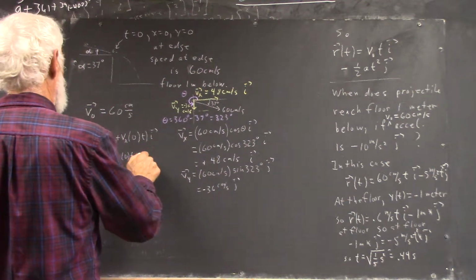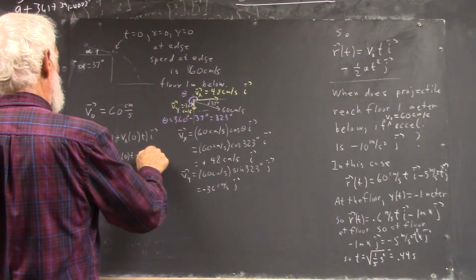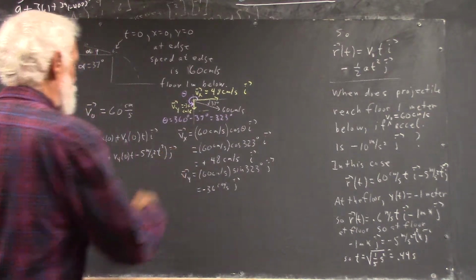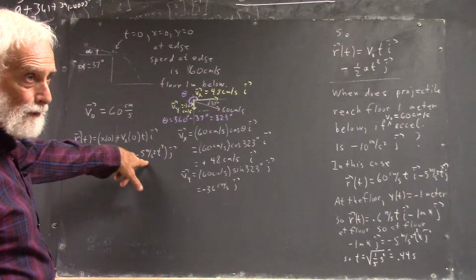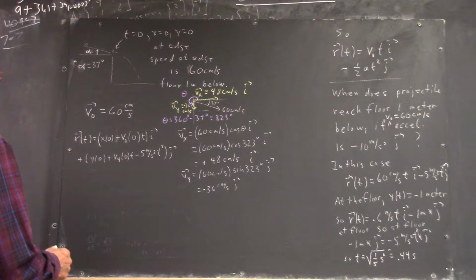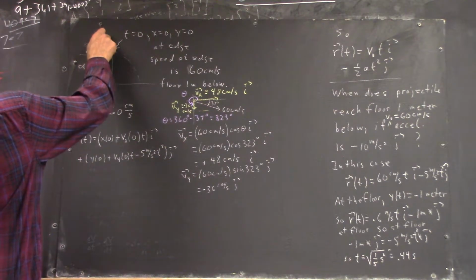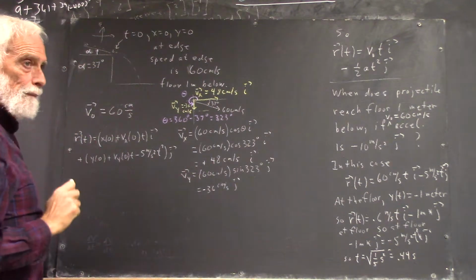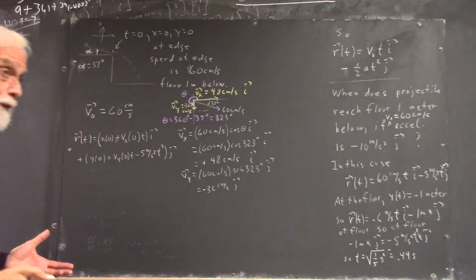minus, and I'm just going to write this, which is 1/2 the acceleration of gravity times t squared. It's also a good idea to sketch your coordinate system just so we know that it's vertical and horizontal, because it isn't always, as we've seen.